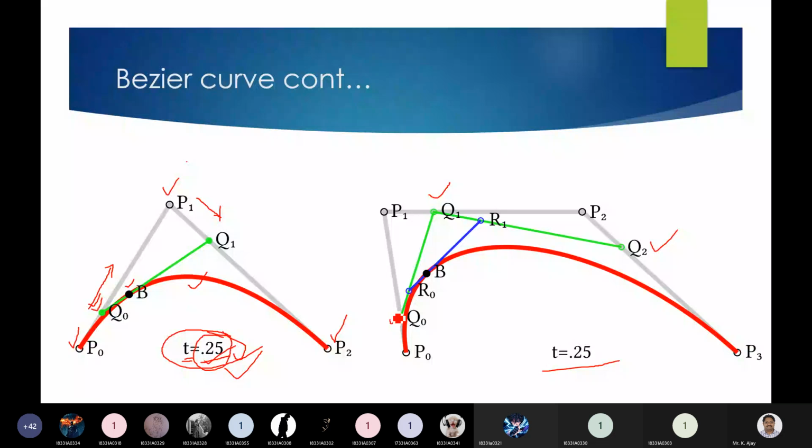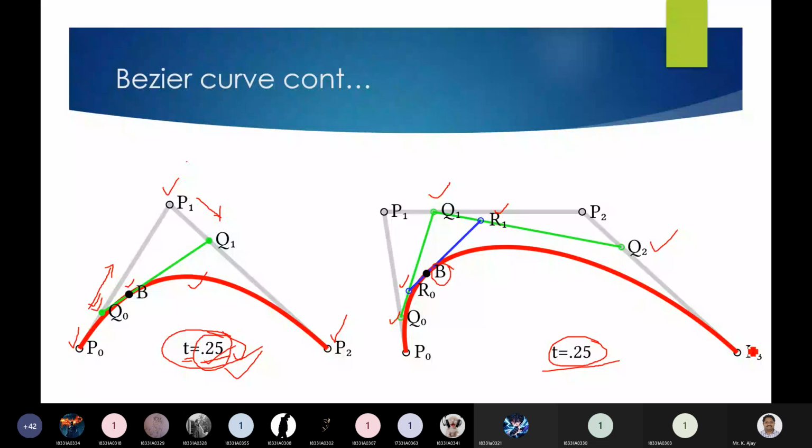This is the point on the cubic Bezier curve. When t changes from 0 to 1, the final point b also changes and follows the direction of this red curve, called a cubic Bezier curve. So this is the geometric way of understanding the shape of the Bezier curve. I hope it is clear to you.